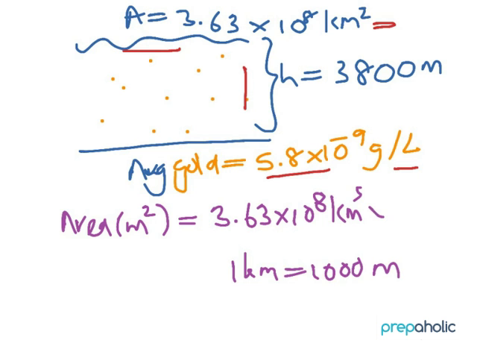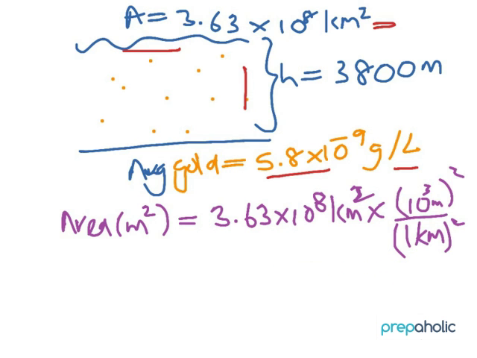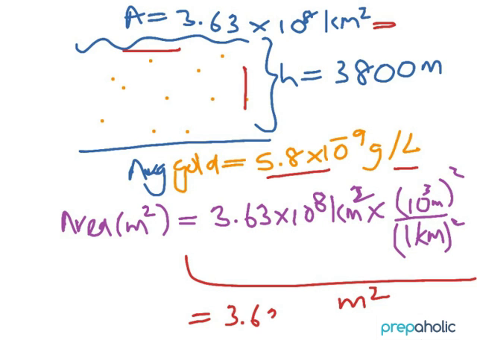So 1 kilometer is equal to 10 to the power 3 meters, and the square of that would give us our answer in square meters. So the answer is going to be equal to 3.63 into 10 to the power 14 square meters.